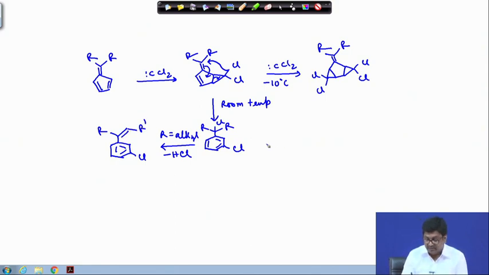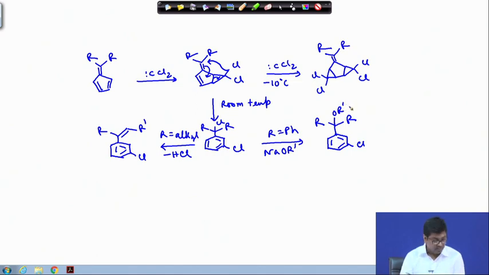Similarly, if R equals phenyl, there is no possibility of this elimination. So, in the presence of sodium methoxide or another alkoxide, this will simply give the substituted product, OR double prime.